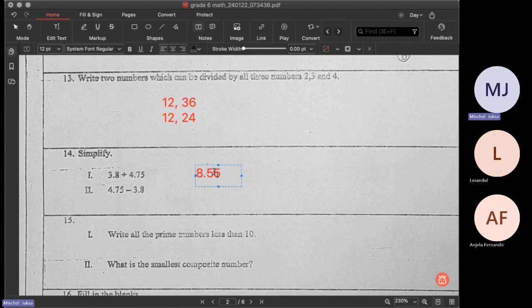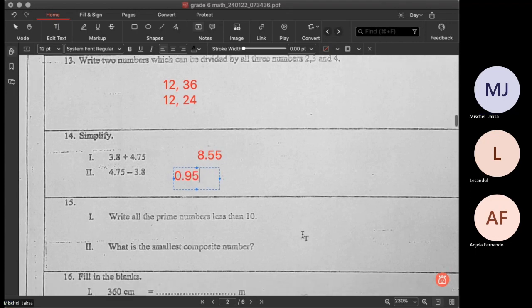So we are writing the 5 and the remaining 10 will go to the next column next to our decimal point. So 4 plus 3 plus that remaining one will give us 8. Well done. Next one. 4.75 minus 3.8. Now what is the answer? 0.95. Well done, Pute.